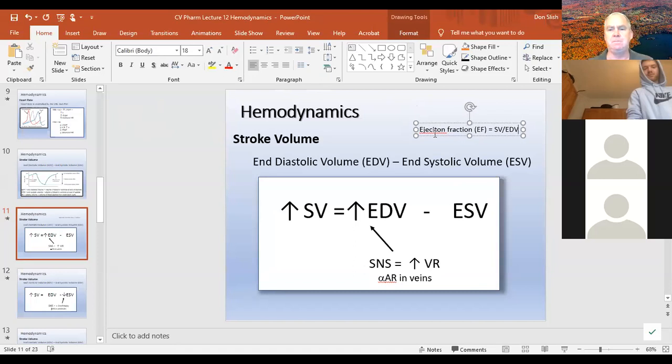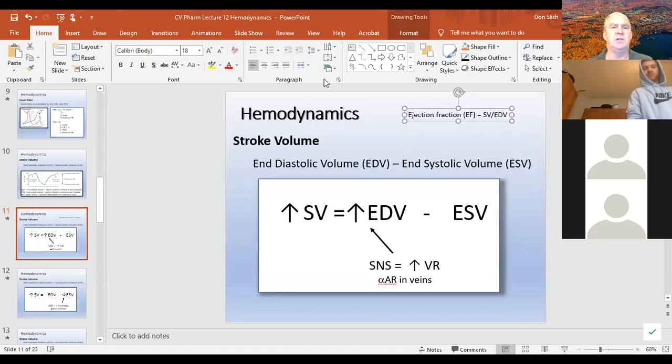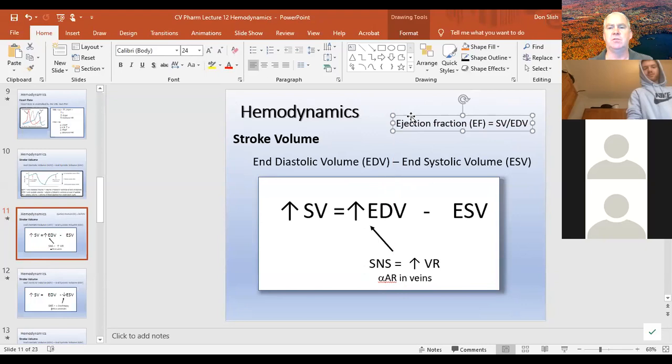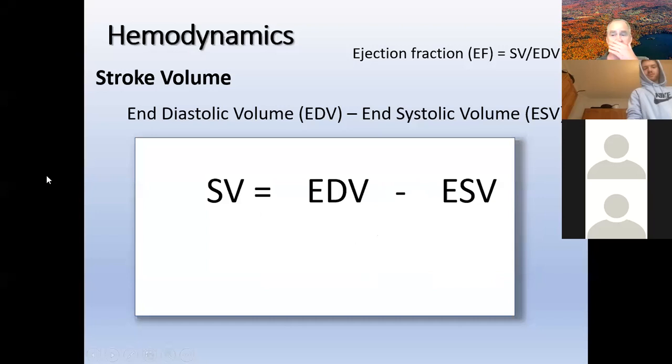So this is another factor we'll see, especially when we get into congestive heart failure. I'm just going to throw it out here to give you a little warning that this is coming. So typically we talk in terms of stroke volume, but when we're talking about performance of the heart, sometimes we'll talk about ejection fraction.